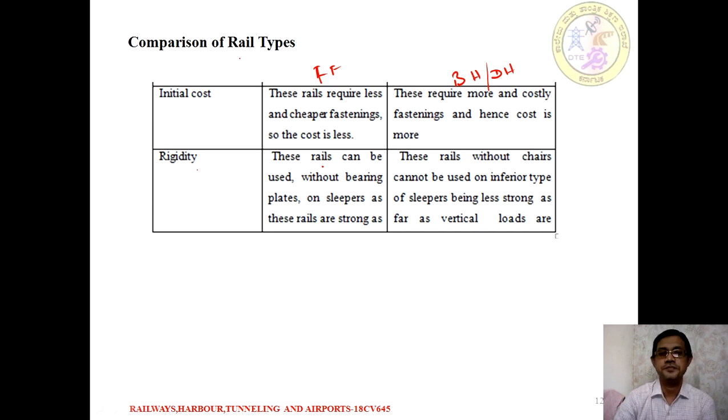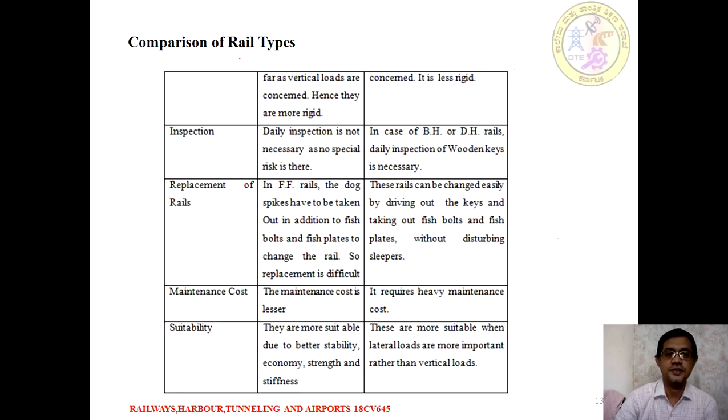Next thing is going to be the inspection. Daily inspection is not required for flat footed rail, so no special risk is there as compared to the bull head. In case of bull head and double head rail, daily inspection is required because of the wooden key.